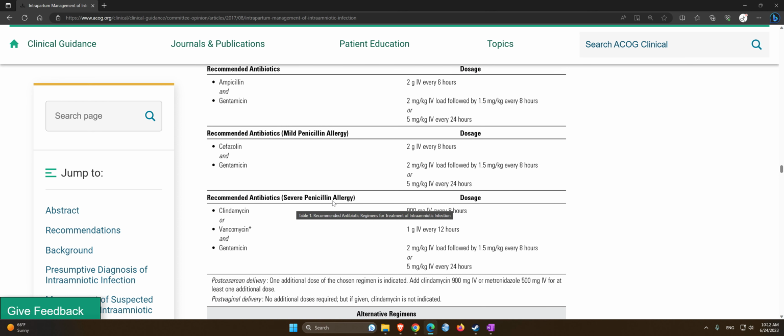And then if you have severe penicillin allergy, you can do clindamycin 900 IV every 8 hours or vancomycin 1 gram IV every 12 hours plus gentamicin again.